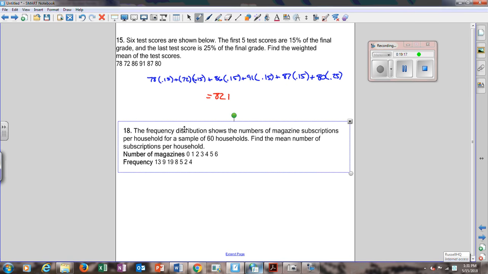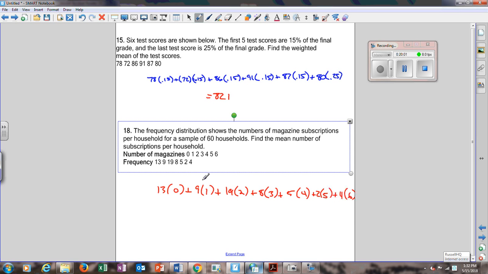Same thing here. We're talking about a frequency distribution that shows the number of magazine subscriptions per household for a sample of 60 households. Find the mean number of subscriptions per household. You do the same thing. You do 13 times 0 plus 9 times 1 plus 19 times 2 plus 8 times 3 plus 5 times 4 plus 2 times 5 plus 4 times 6.